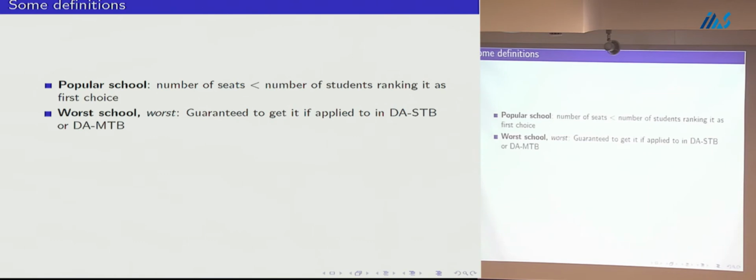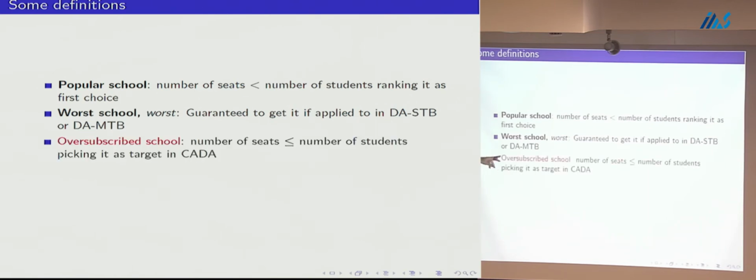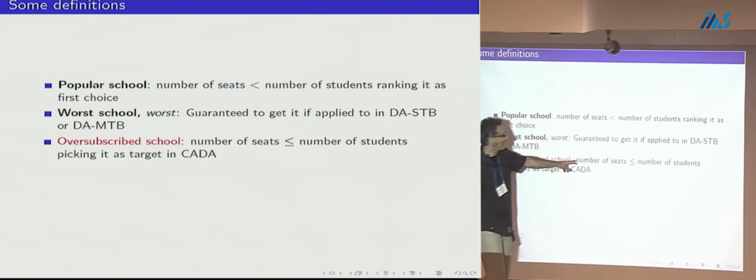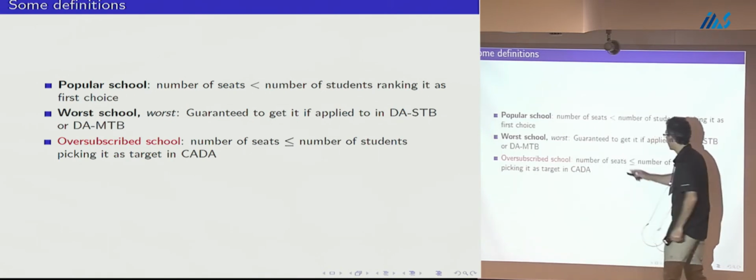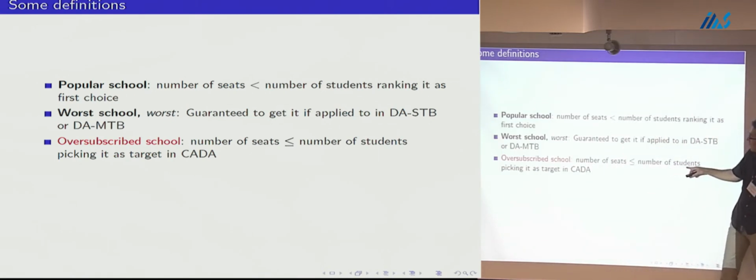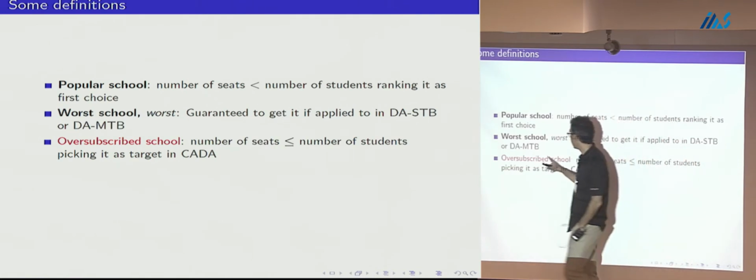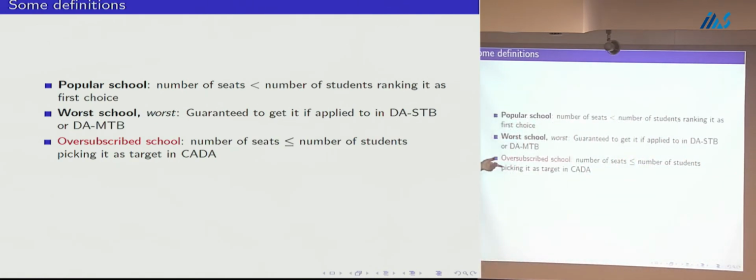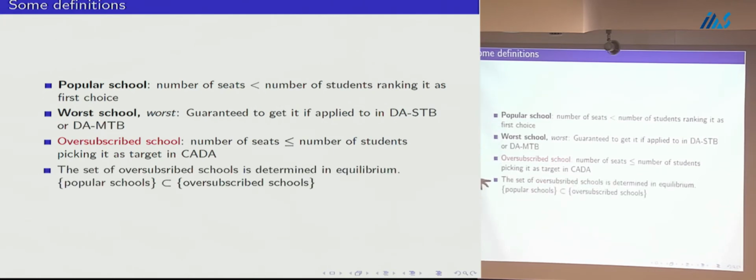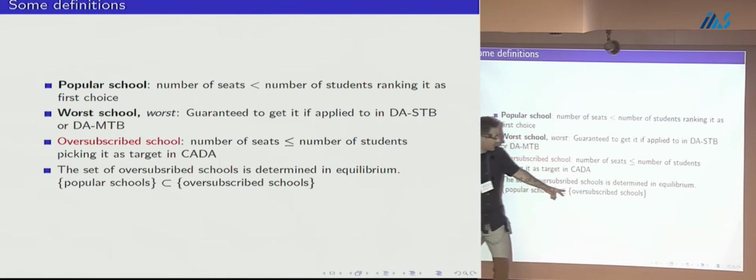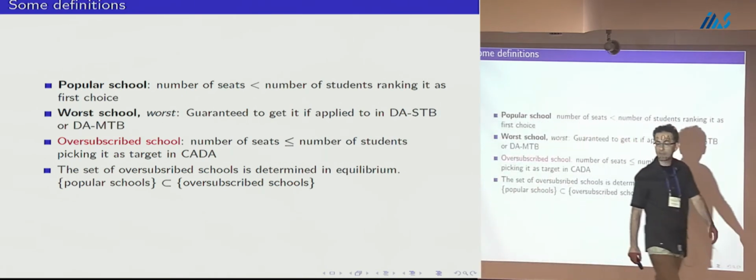There always exists such a worst school. And a school is oversubscribed if the number of seats at that school is less than the number of students picking it as target in CADA. That is an equilibrium notion, right? It's going to be determined in equilibrium. In general, the set of popular schools is a subset of oversubscribed schools.